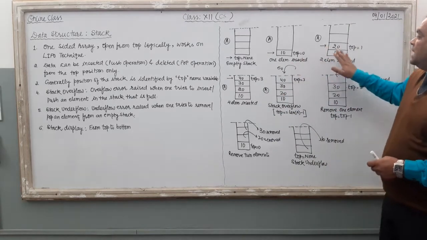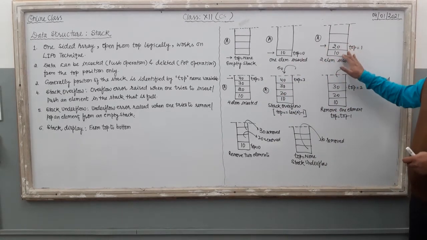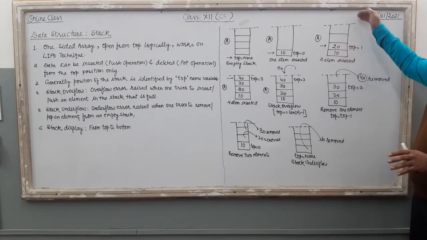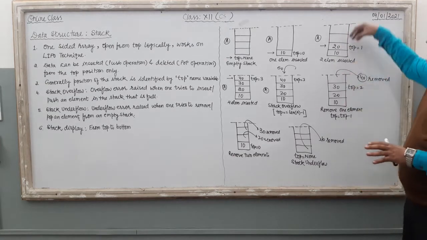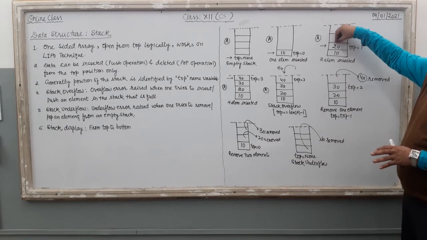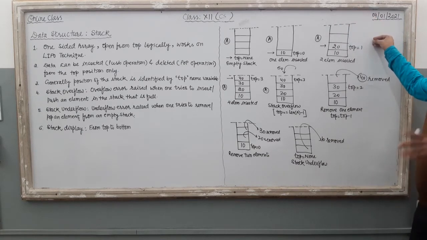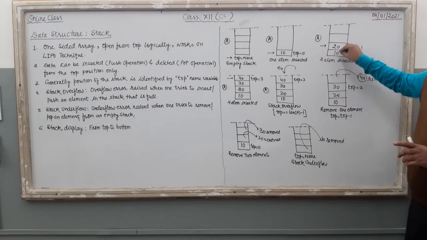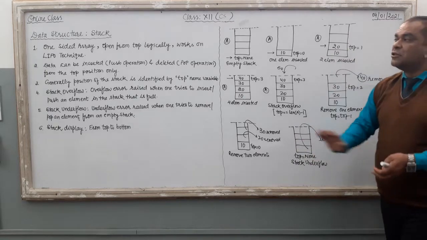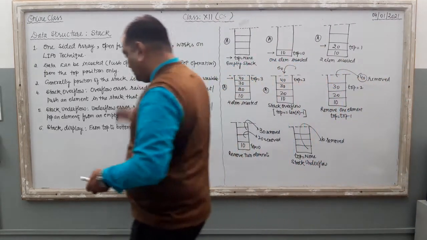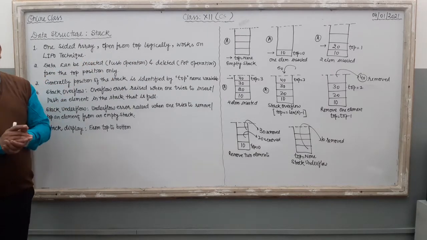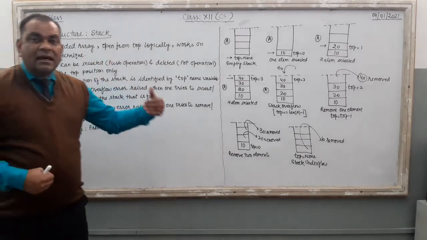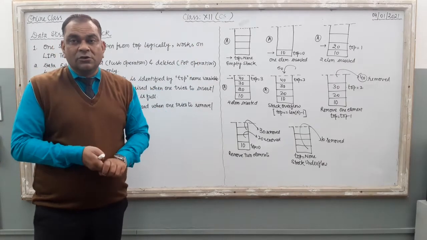LIFO technique is related with last in, first out. Suppose in this stack, 2 elements are there. At the last, we inserted 20 here. Now, if we want to remove something from the stack, the last entered element is going to be removed very first, then the second last element, and so on. So it is the LIFO technique. Now, data can be inserted in the stack, or you can delete the data that is there in the stack also.